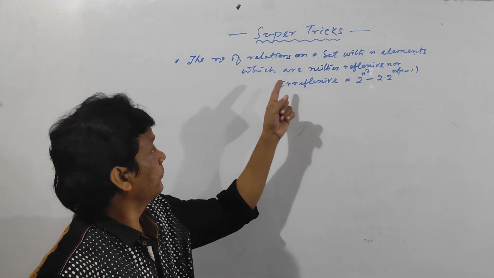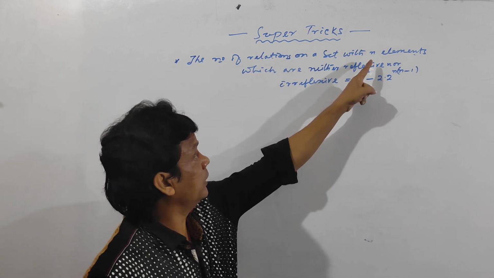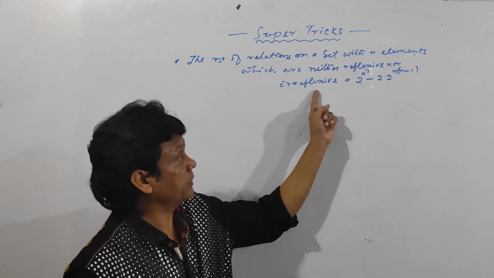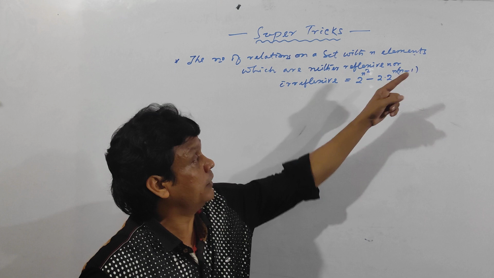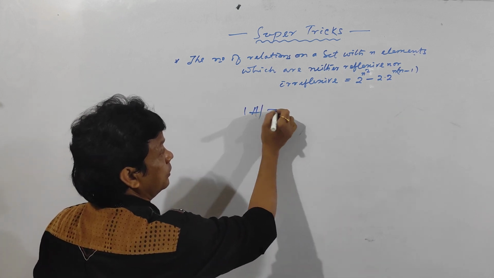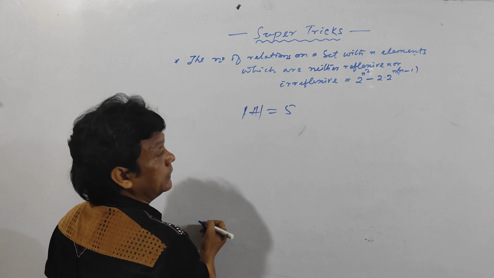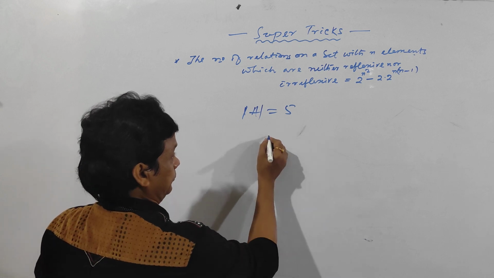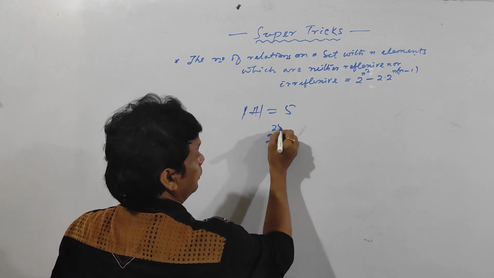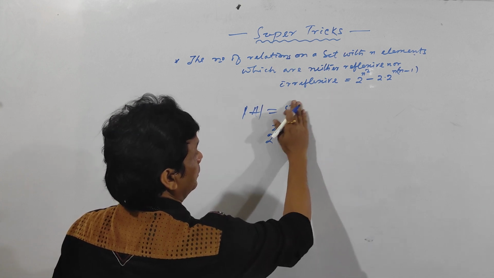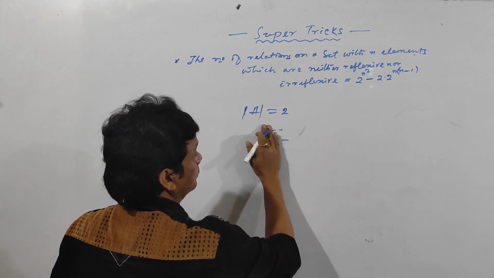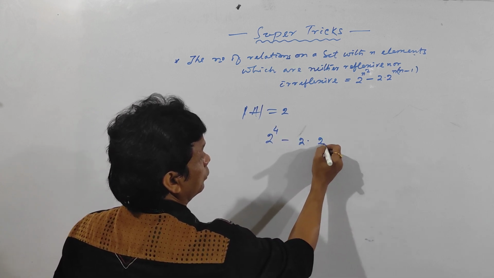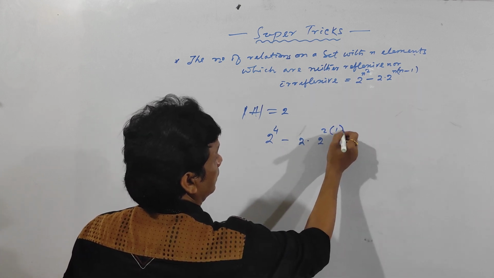See this property. The number of relations on a set with n elements which are neither reflexive nor irreflexive is equal to 2 to the n square minus 2 into 2 to the n into n minus 1. If cardinality of A is equal to 2, then you want to find out the number of relations which are neither reflexive nor irreflexive. 2 square is 4, so 2 to the 4 minus 2 into 2 to the 2 into 2 minus 1, it is 1.